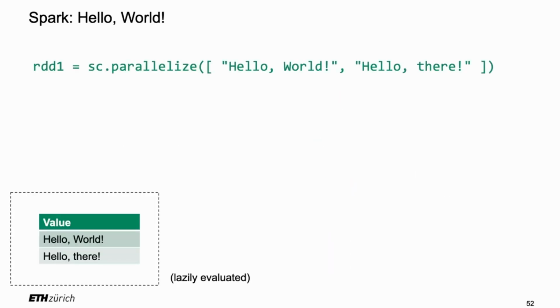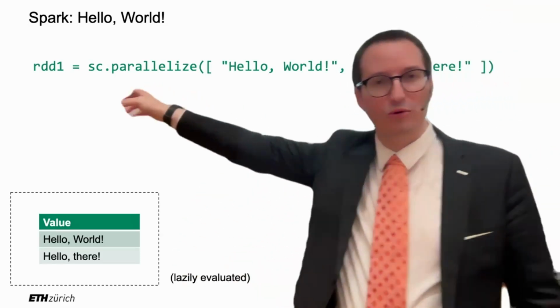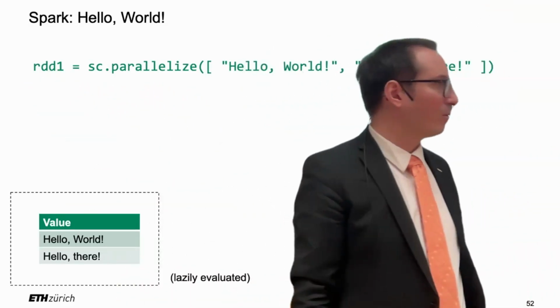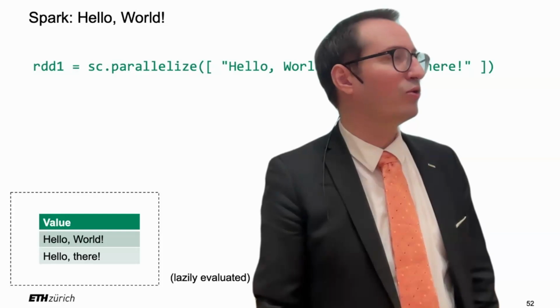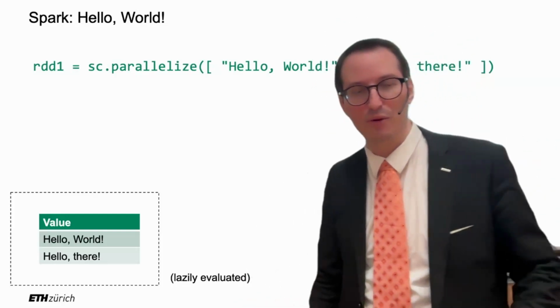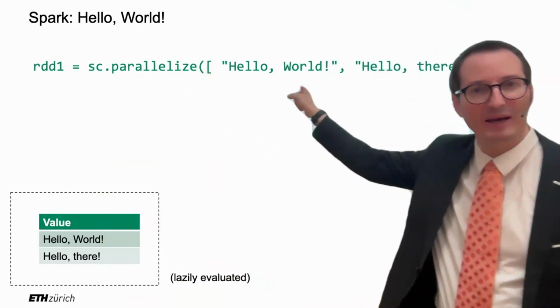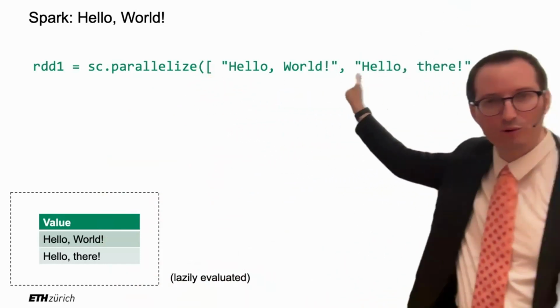Now, here's a concrete example. It's so much easier to understand concrete examples. I'll do it in Python, PySpark. So I told you, we like to store the RDDs in variables, and they don't have original names. You can call them whatever you want, of course, but you often see RDD1, RDD2, RDD3. So this is a creation where I create locally a list of values.